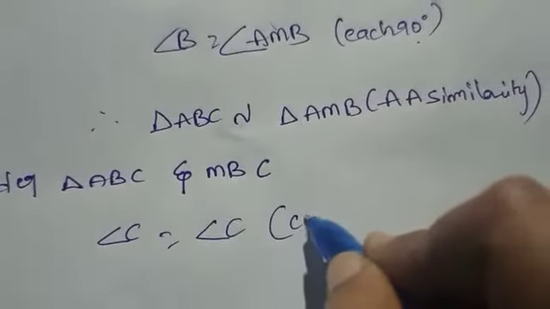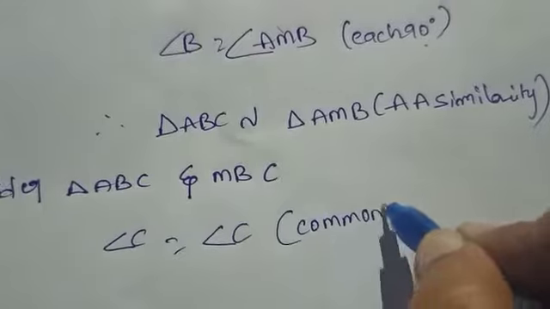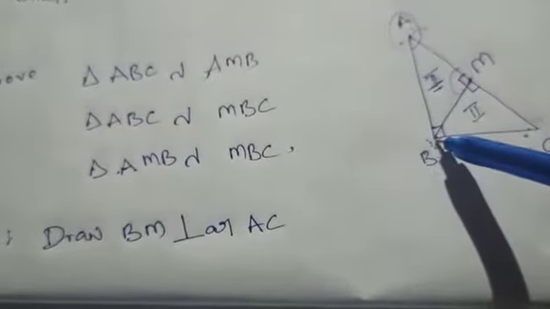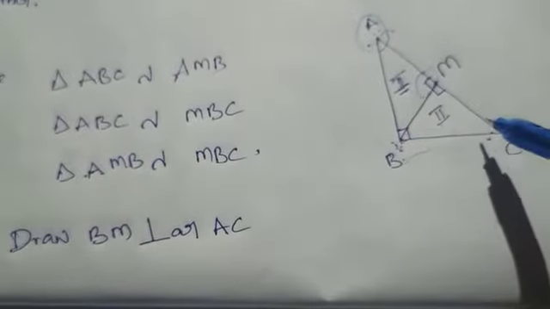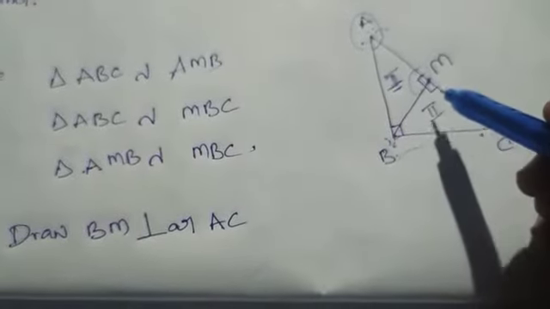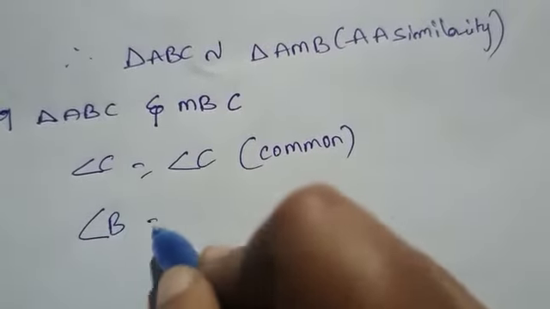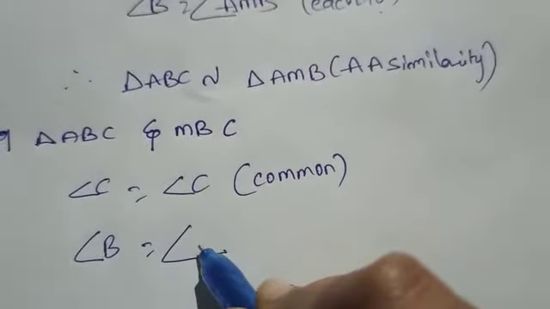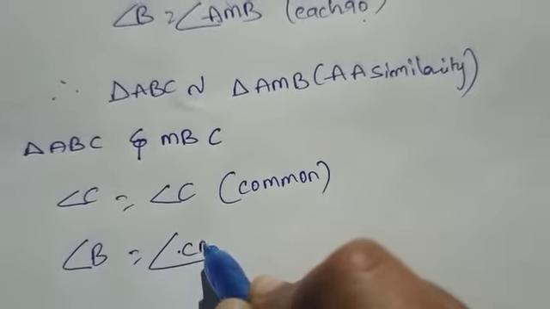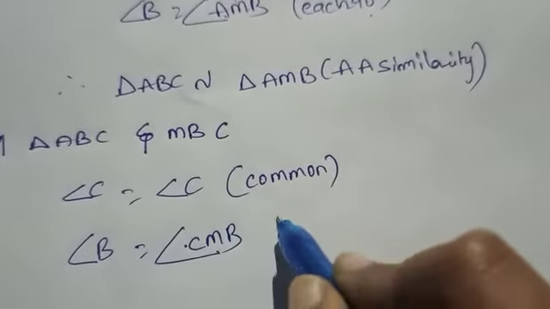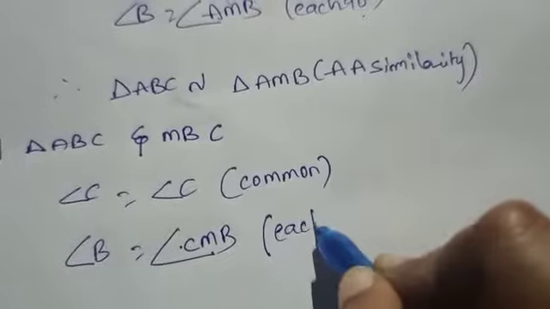Common angle, and angle B equal to 90 degrees and angle CMB equal to 90 degrees. Angle B equal to angle CMB equal to 90 degrees.